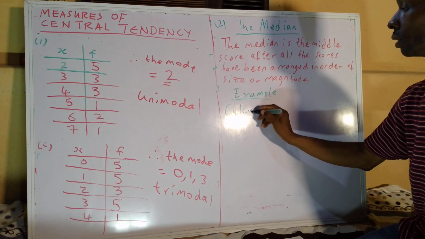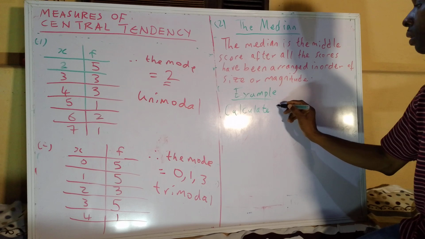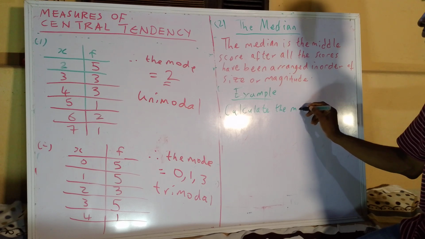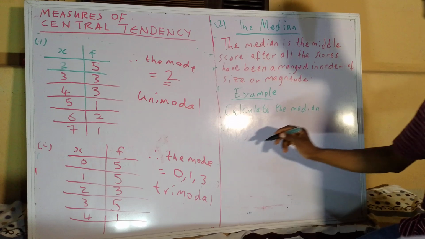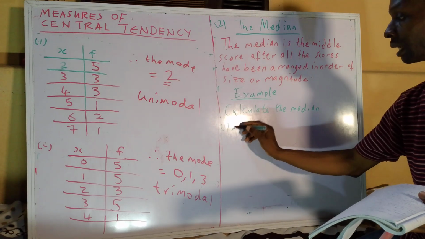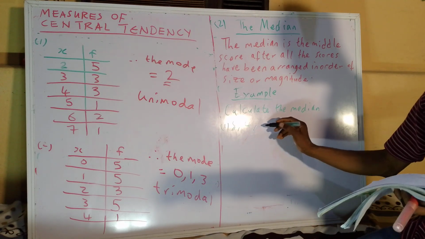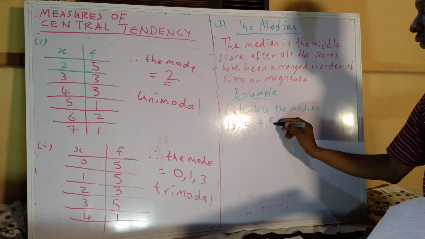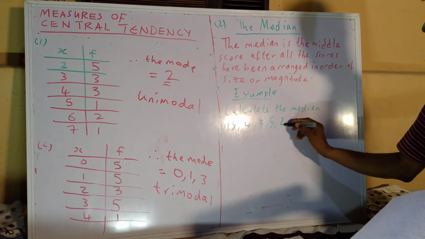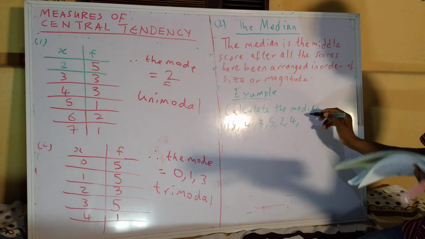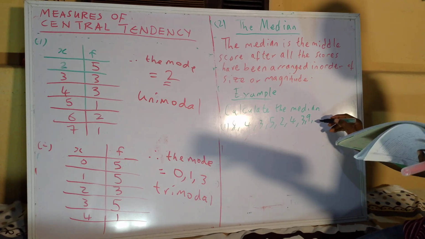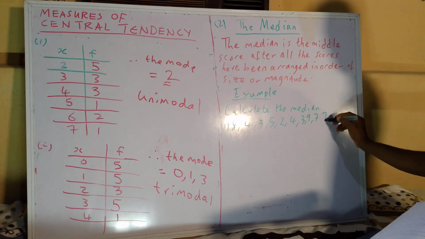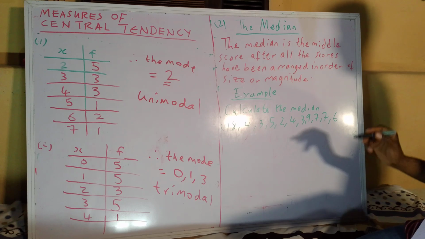Calculate the median of the data set below, of each data set. So we have 8, 4, 3, 5, 2, 4, 3, 9, 7, 7, 6.